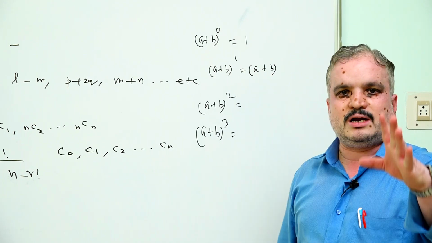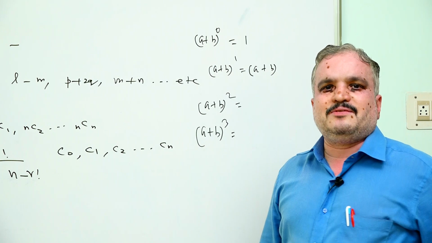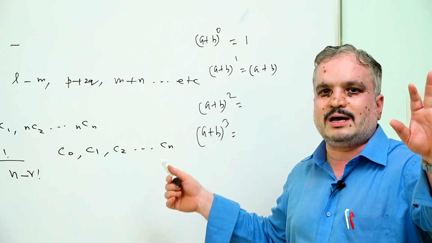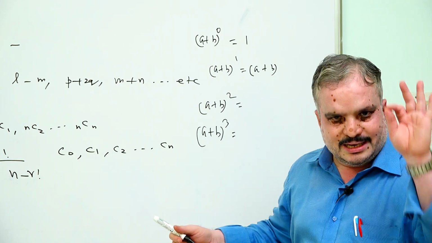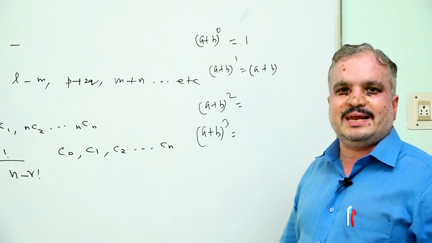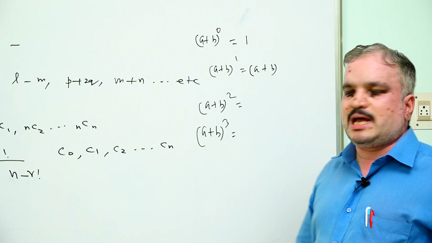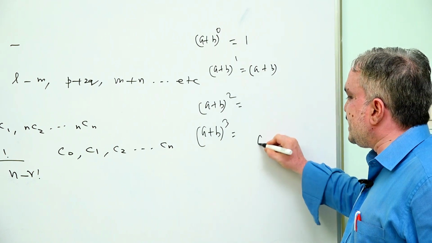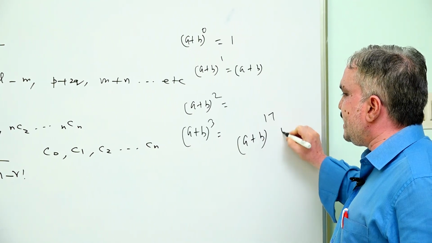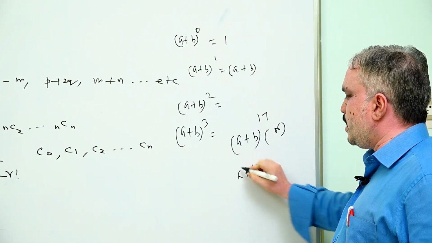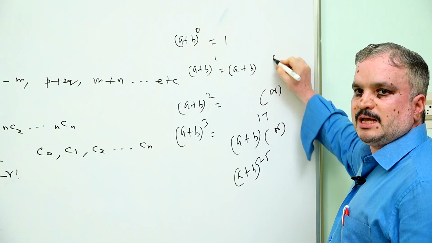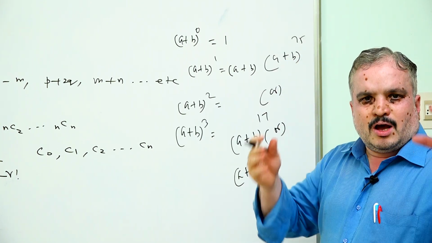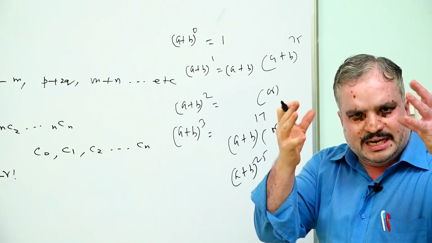It is not difficult to find a binomial expansion of power 2 or 3, but the process for finding the expansion of a binomial with higher power, such as a plus b whole power 17 or a plus b whole power 25 or a plus b whole power 75, becomes more difficult.